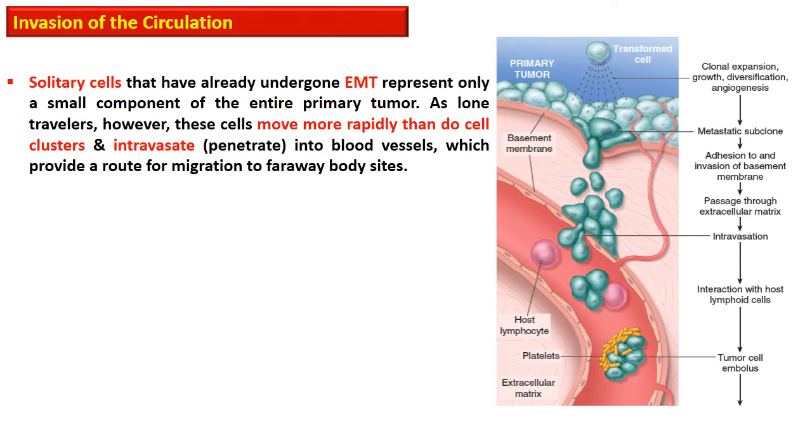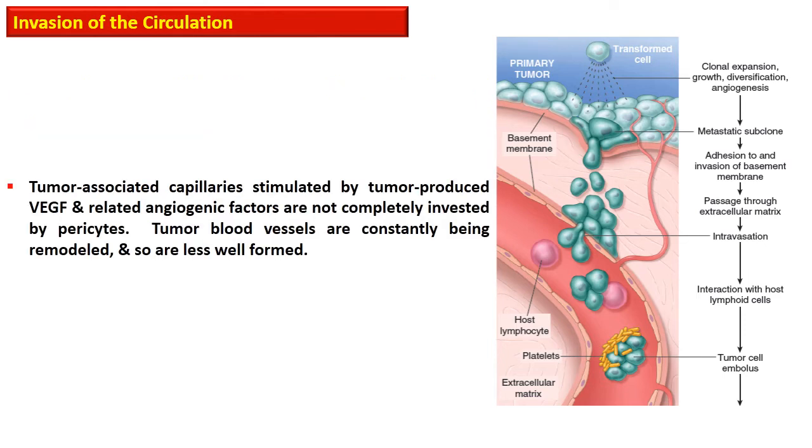The solitary cells that have acquired a mesenchymal phenotype through epithelial to mesenchymal transition are only a small part of the primary tumor. They get access to the vascular or lymphatic channel lumen more rapidly than the clusters.